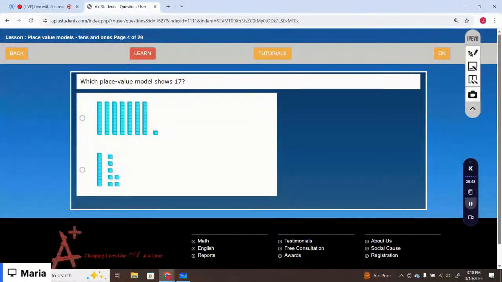Which place value model shows 17? So which is the correct option? Option number 2 is the correct option. The second one shows 17, 1 ten and 7 ones. 1, 2, 3, 4, 5, 6, 7, 1 ten and 7 ones. Option number 2 is the correct option.